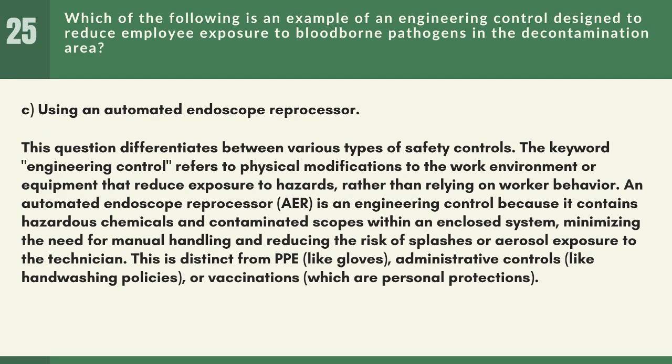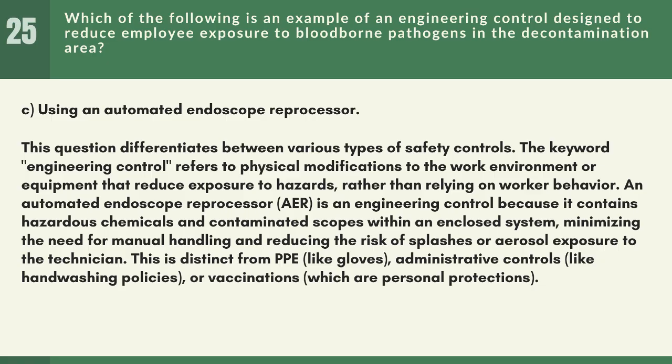Answer: C. Using an automated endoscope reprocessor. This question differentiates between various types of safety controls. The keyword engineering control refers to physical modifications to the work environment or equipment that reduce exposure to hazards, rather than relying on worker behavior.